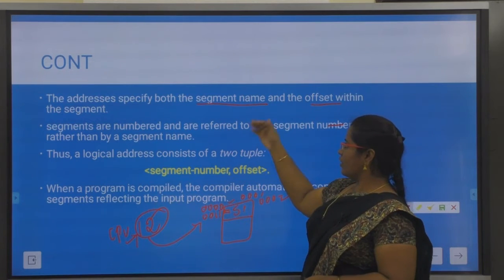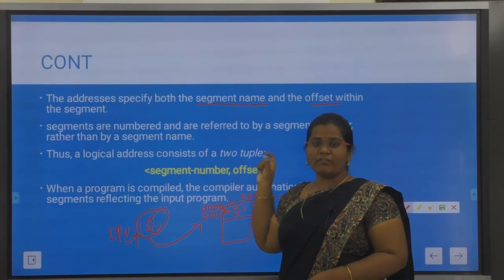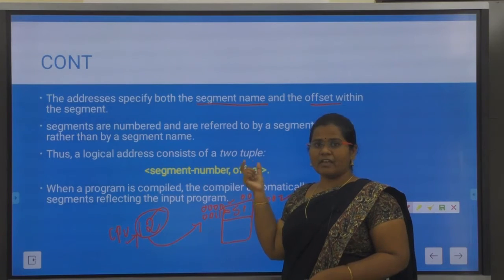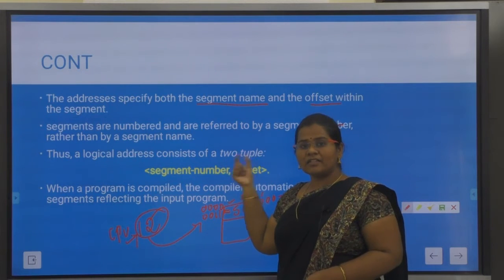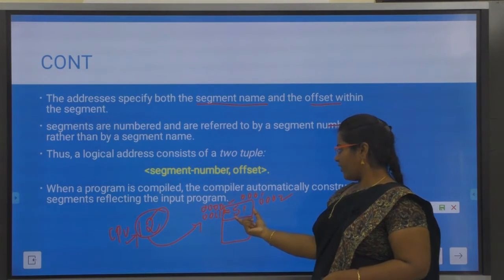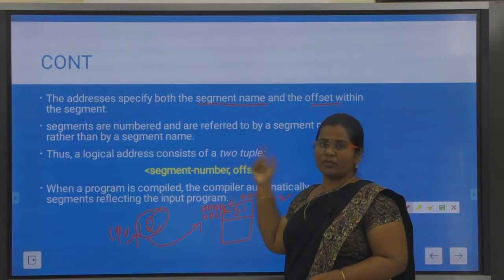Since we have the concept of name conflicts, if we give a name to one function, the same name cannot be given to another segment. Say I am giving S1 to this segment; the same name S1 should not be given to another segment.